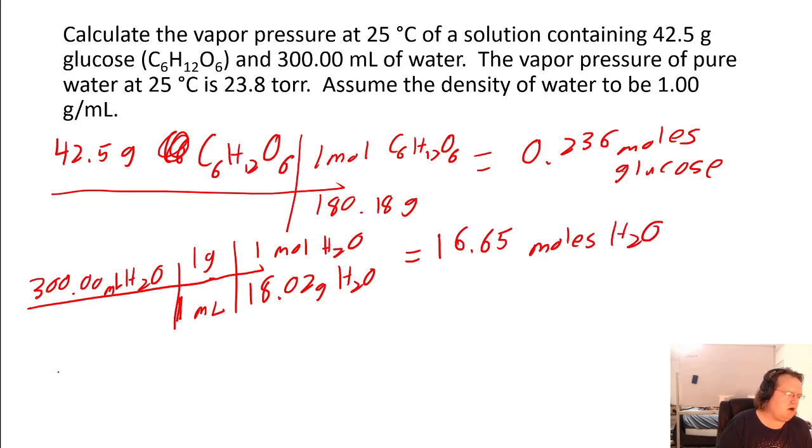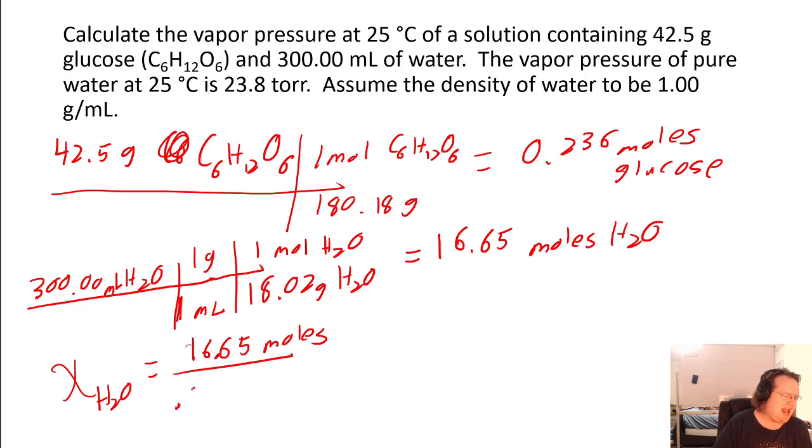Well, to use Raoult's law, I need the mole fraction of the solvent, and that's the water, not the solute, which is the glucose, which is what a lot of people are used to doing from other problems. They're just so used to, I've got to test for the solute. Well, no, here we want to know about the solvent. So we've got 16.65 moles on top for the moles of just this solvent.